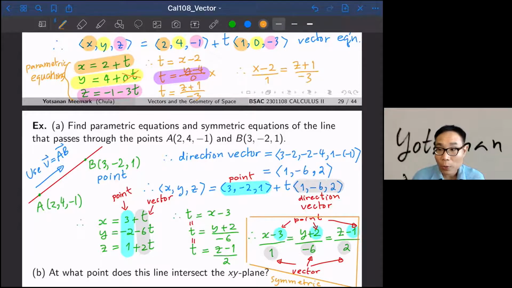However, when we have one component equal to 0, you write this next to it, so you just add y equal to 4. So when you see something like this, it means that the coefficient of t is 0.